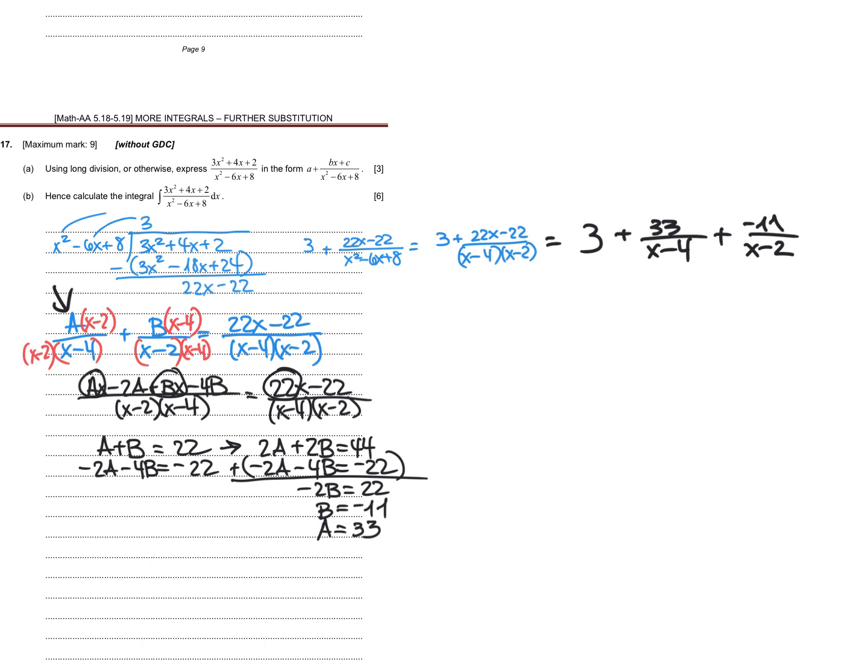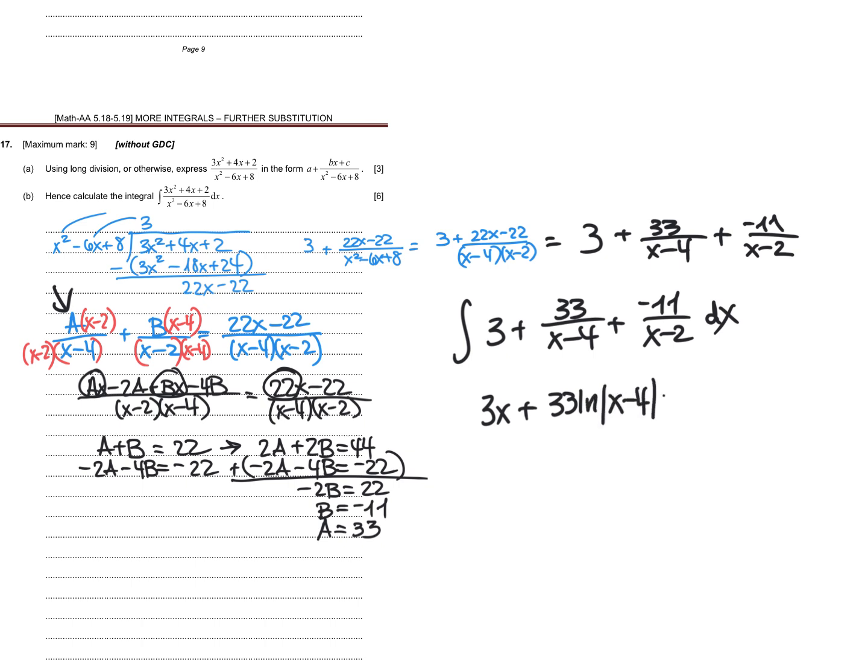So that our integral is that. So this is 3x. This is 33 natural log x minus 4. This is minus 11 natural log x minus 2.